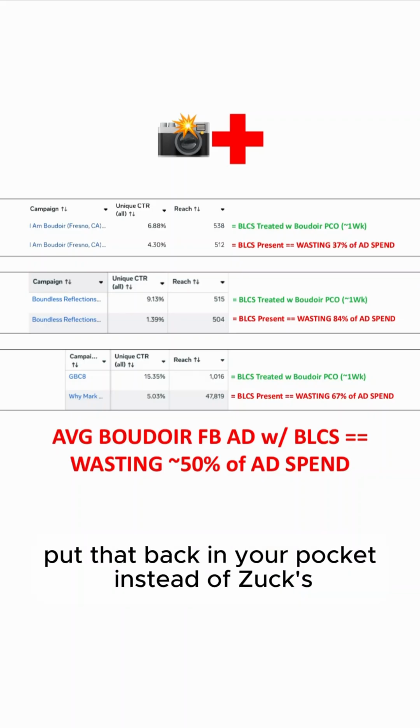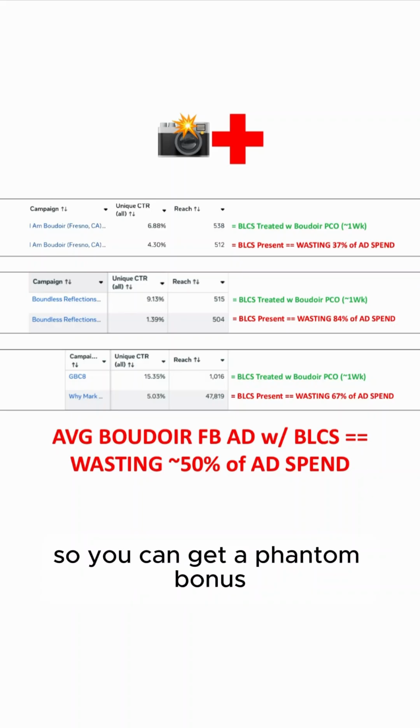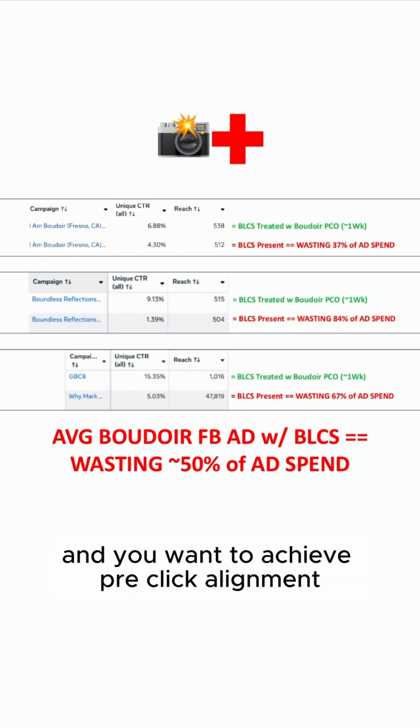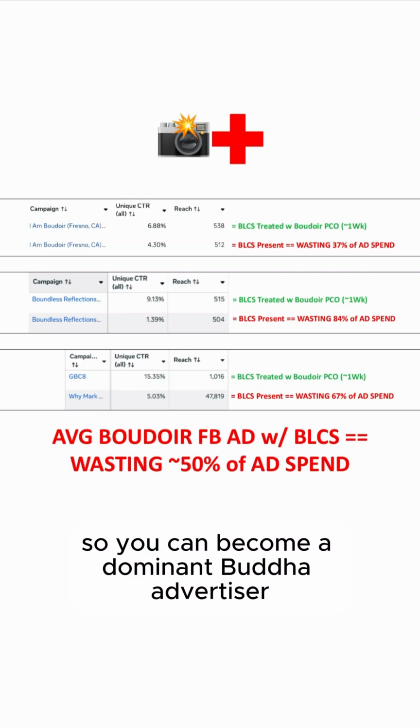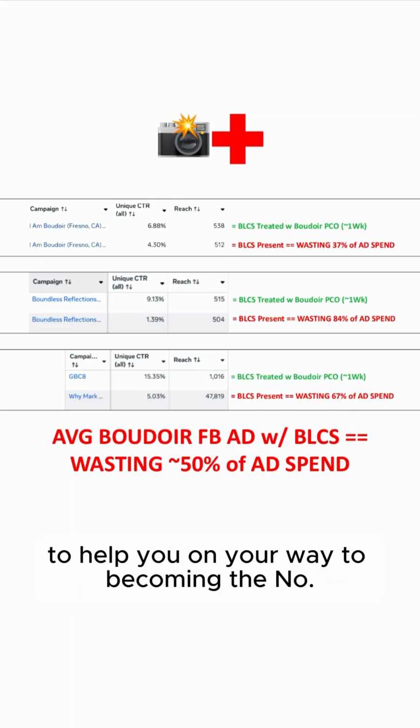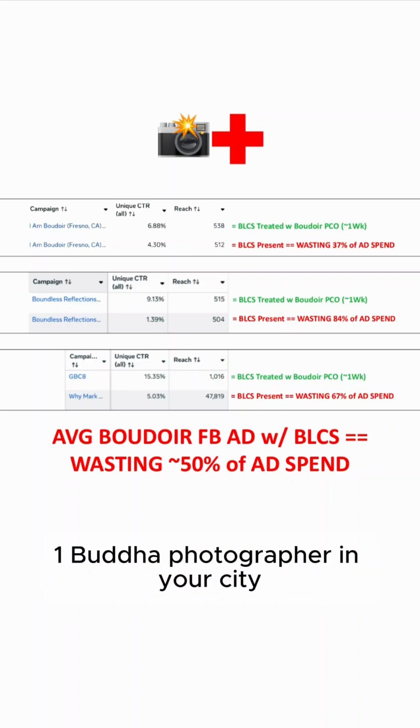Put that back in your pocket instead of Zuck's, so you can get a phantom bonus. No extra effort on your part. And you want to achieve pre-click alignment so you can become a dominant boudoir advertiser with Boudoir Brain Entry Boost, to help you on your way to becoming the number one boudoir photographer in your city.